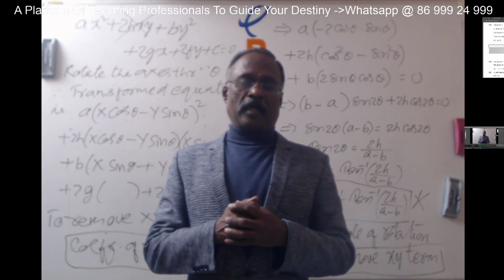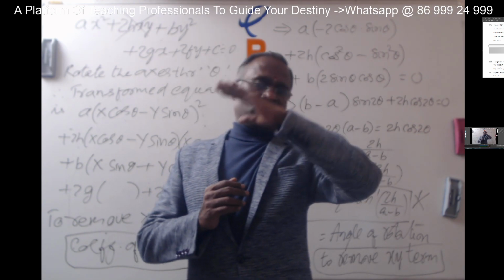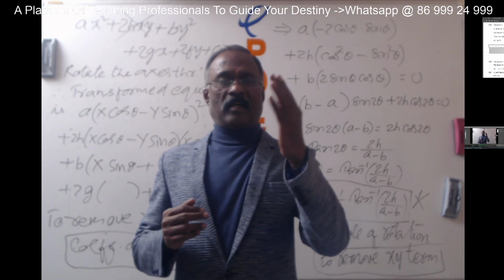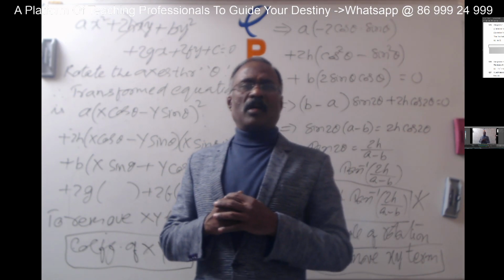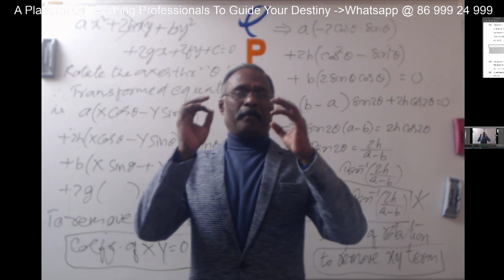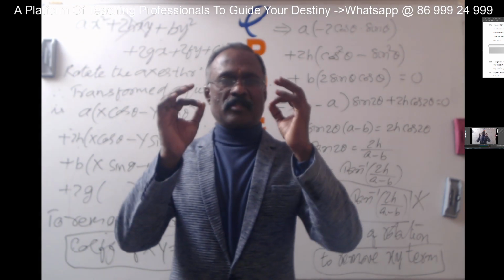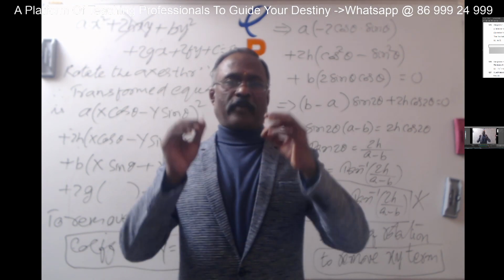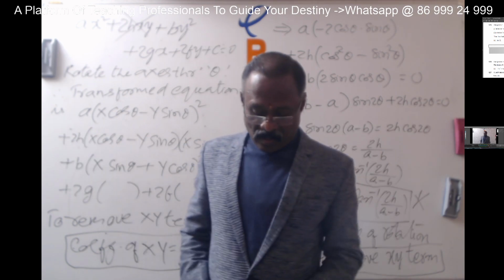What is that property? In the rotation of axis, the quantity that won't change is the perpendicular distance from the origin to the line. The perpendicular distance from the origin to the line will never change. Let me show you that.